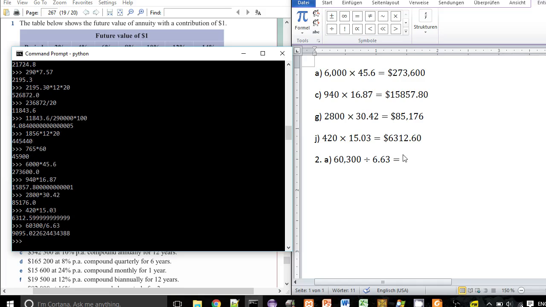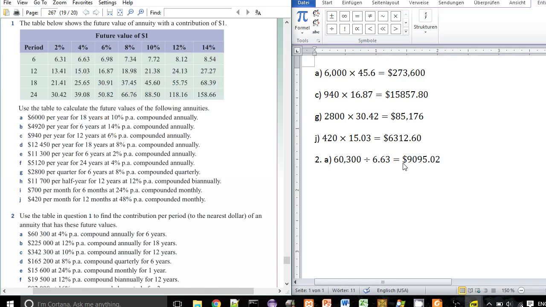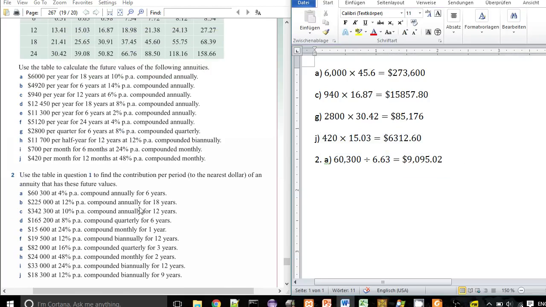Okay, so 9,000 and 2 cents. So if you were putting in 9,000 per year for 6 years at 4%, you would then have to times it by that to get the future value. So we're just dividing. We're working backwards, okay? These are all the same.